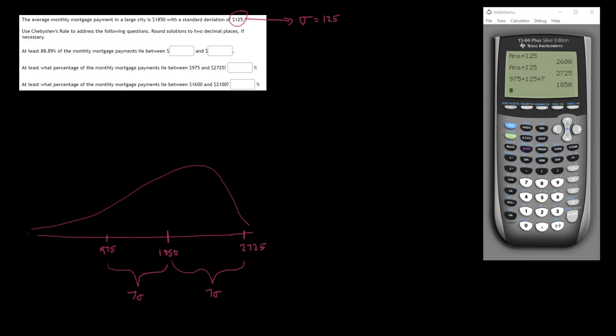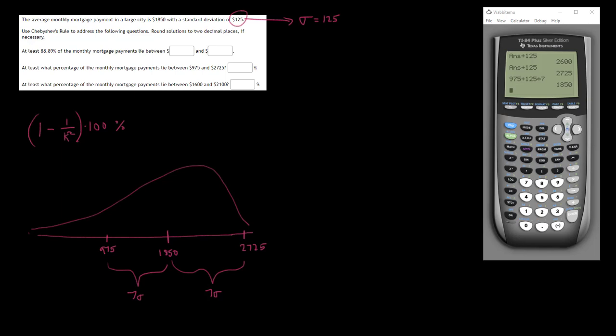Because once we know how many standard deviations we're talking about, Chebychev's theorem says that 1 minus 1 over k squared, times 100%, of the data should be within k standard deviations of the mean.